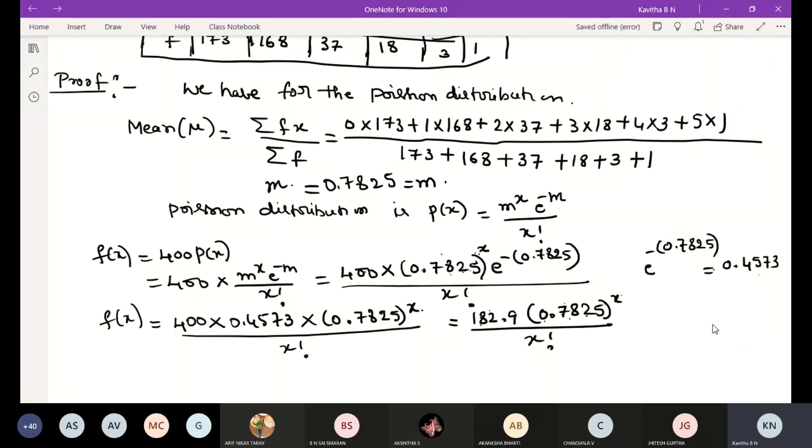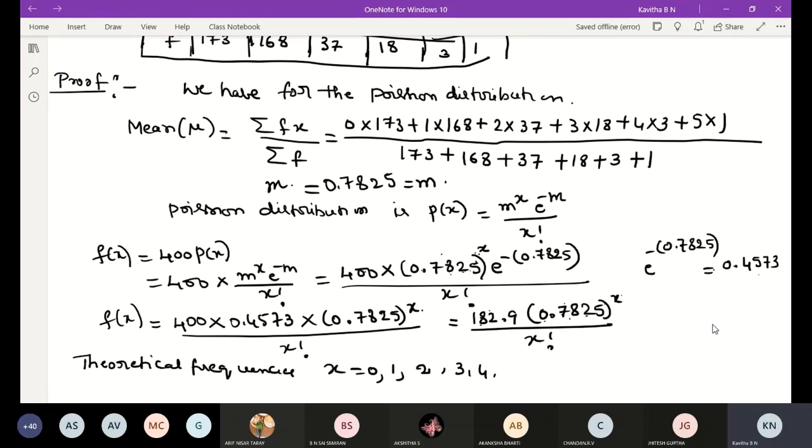Okay, then next, what we have to do is find the theoretical frequencies. How to get them: put x is equal to 0, x is equal to 1, x is equal to 2, x is equal to 3, 4 and 5.